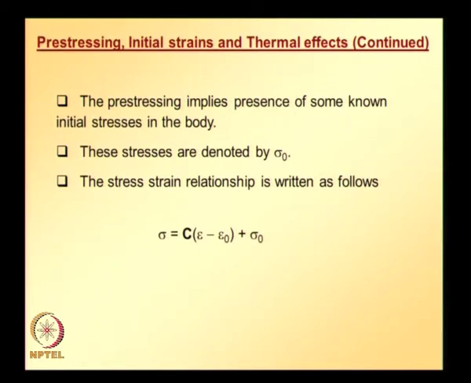The actual stress that is developed in the body is going to be dependent only on the strains, excluding the strains that are associated with change in the temperature or initial strains.